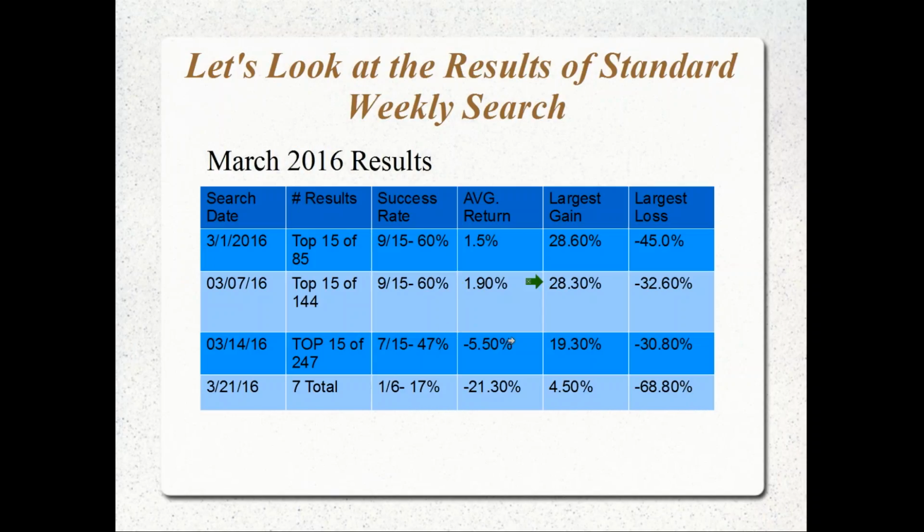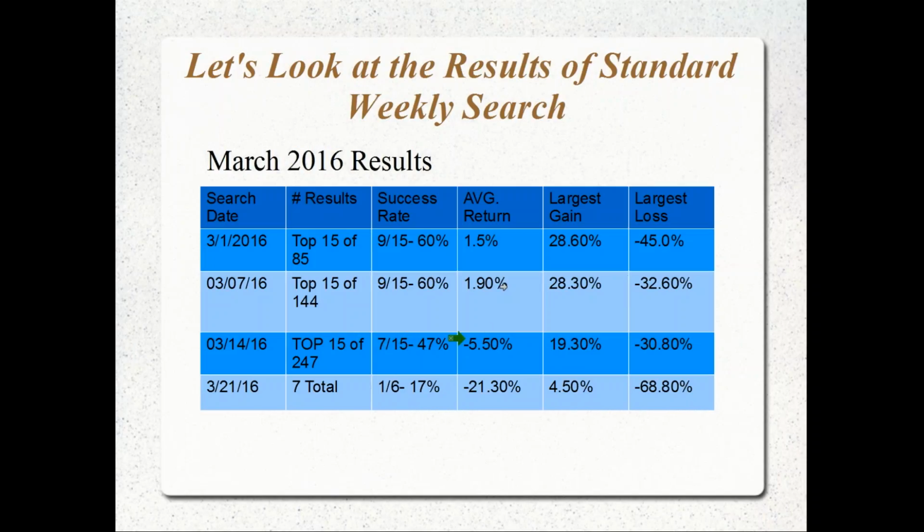Largest gain again, very respectable for a 5-day trade, 28.3%, but then the largest loss was more than that. Then things get worse. Go to the next week, top 15, only 47% success rate and a loss of 5.5%.